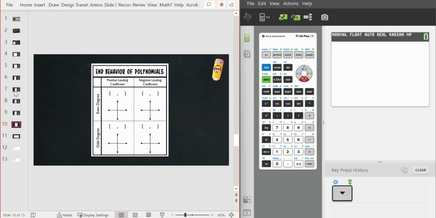So, end behavior. This is on the front of your foldable. Let's do a quick little scratch of it. If we have an even degree, that means squared, fourth, sixth, and let's say we have a positive leading coefficient, what you're going to have for a little graph, and I'm going to do a little drawing here, is a graph that's going to be pointing up on the left. And here's the thing, though, we don't know really what's going on in the middle.